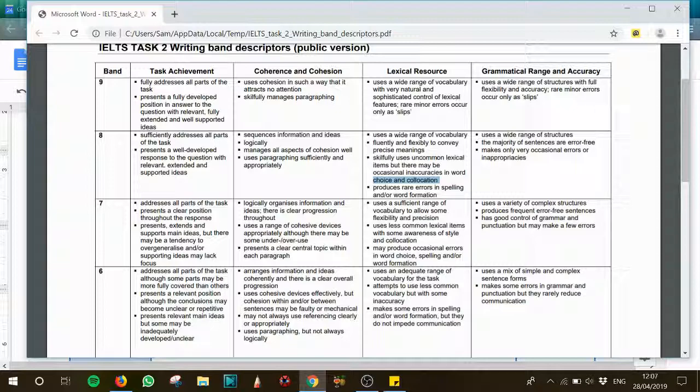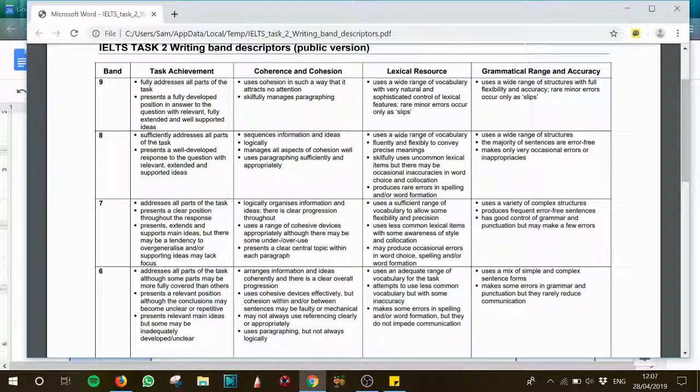I think that the inaccuracies are quite obvious, and that means that there's only some awareness of style and collocation. More awareness of style, there's definitely the consistent style, but those collocations, when they break, they really, really break. And that means that there's probably only some awareness of style.